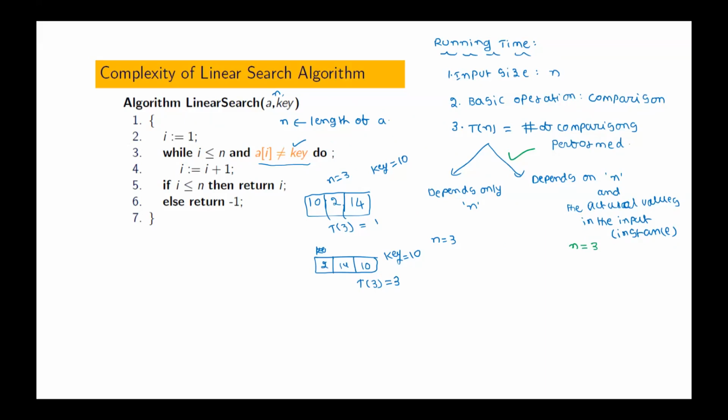Even if we know the input size is 3, is it possible to say how many times A of i not equal to key is performed? No, sir. No is the correct answer. Why? Depending on the positions of elements in the array, this might change. These are counter cases where both are different. That means we are not able to say exactly how many times A of i not equal to key is performed.